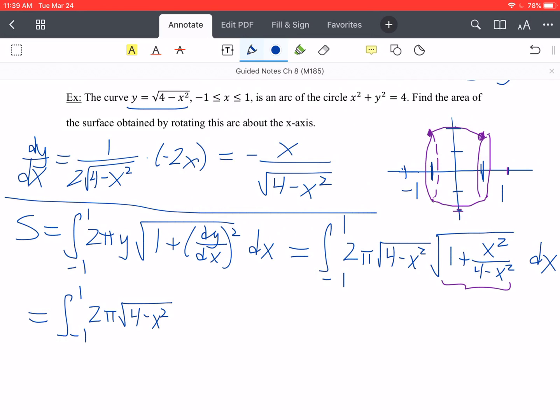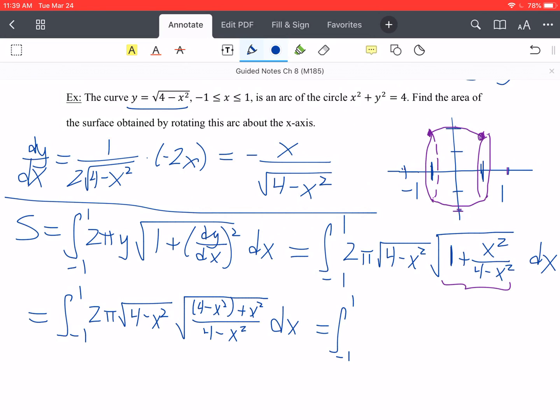When we get a common denominator, the 1 is going to become 4 minus x squared over 4 minus x squared. So that's 4 minus x squared plus x squared all over common denominator of 4 minus x squared. And then dx.